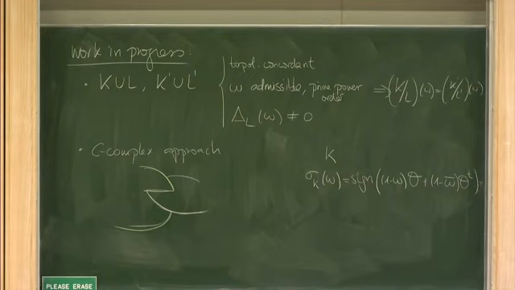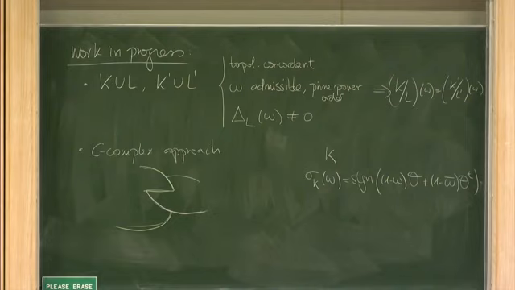Meaning that when I do this, then this sigma L is actually sigma L evaluated at some omega. This is sigma of k prime union L prime evaluated somewhere, in omega prime. And this is something like sigma of k prime union L prime prime evaluated somewhere, in omega prime prime.